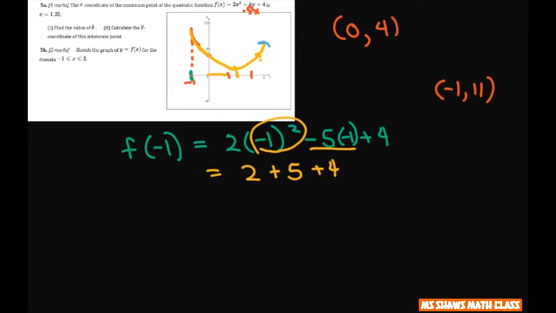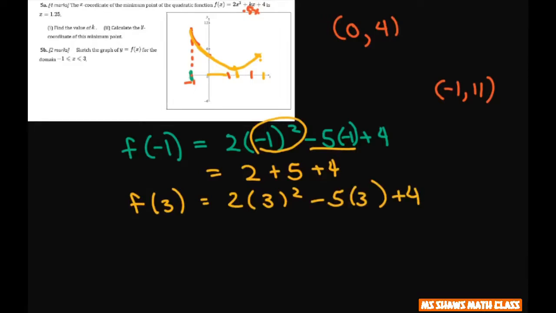Now let's plug in 3. I shouldn't have put arrows, so let's plug in 3. f of 3 equals 2 times 3 squared minus 5 times 3 plus 4. So this is going to be 9 times 2 is 18, minus 15, plus 4.